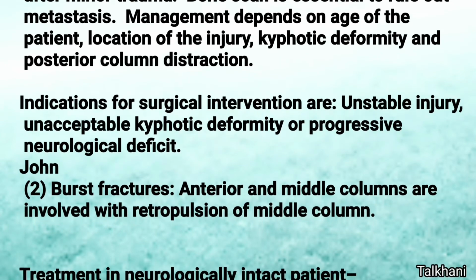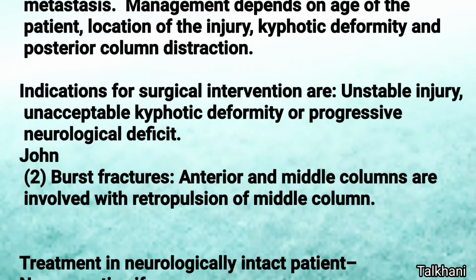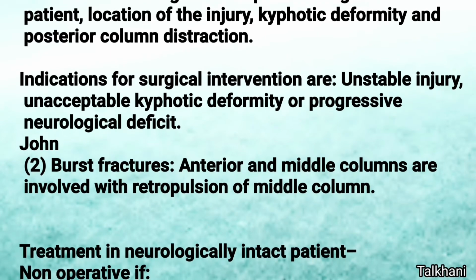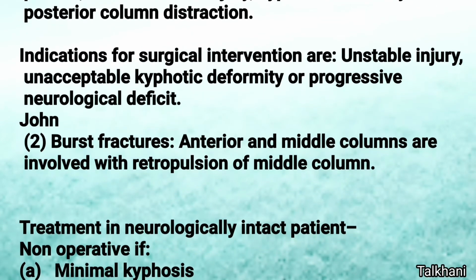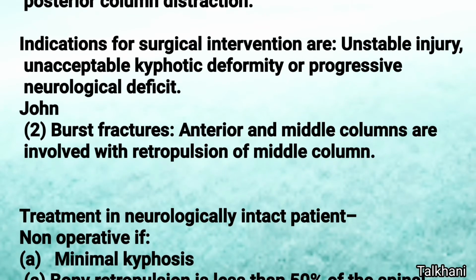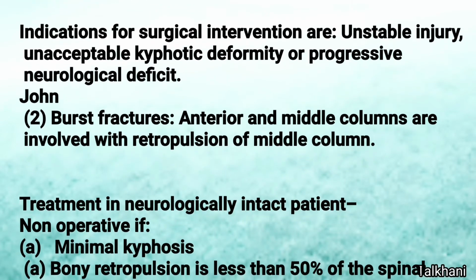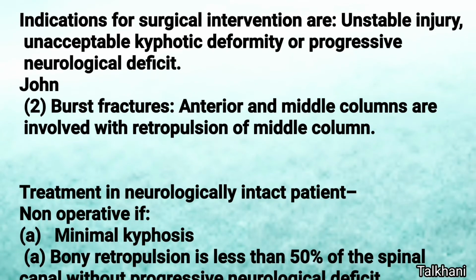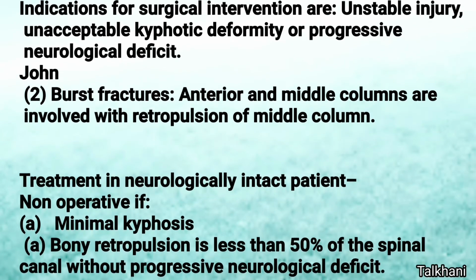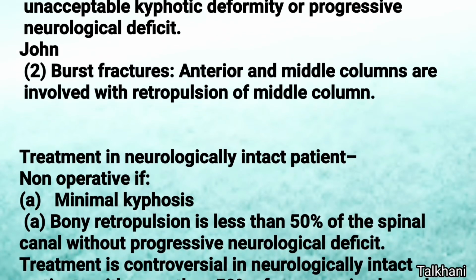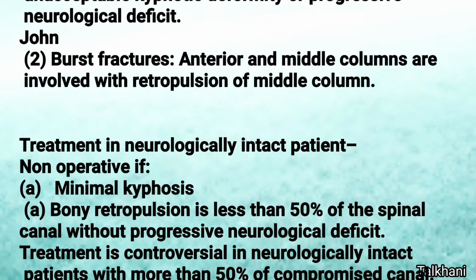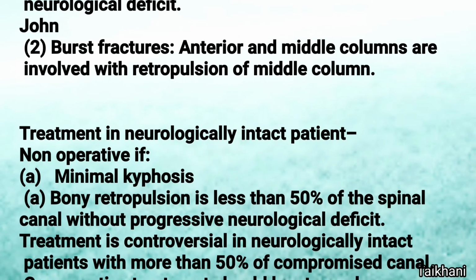Number 2, burst fractures. Anterior and middle columns are involved, often with retropulsion of bony fragment into the spinal canal. Treatment in neurologically intact burst fractures is non-operative if minimum kyphosis is present, or if bony retropulsion is less than 50% of the spinal canal without progressive neurological deficit.